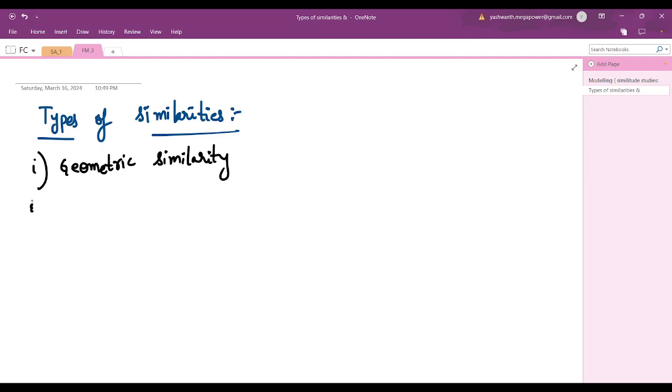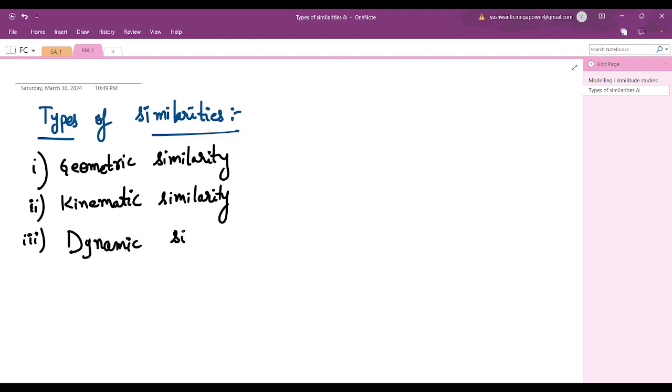Geometric similarity, kinematic similarity, and then dynamic similarity. Okay, these are the three types of similarities.